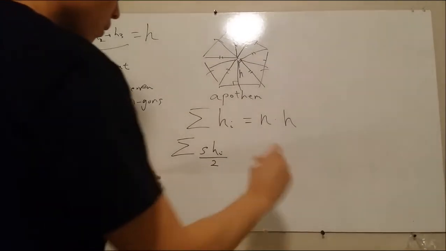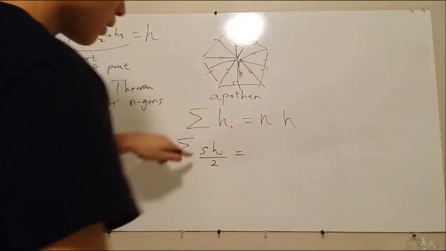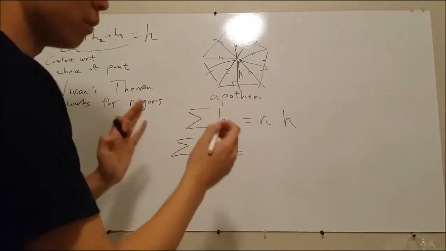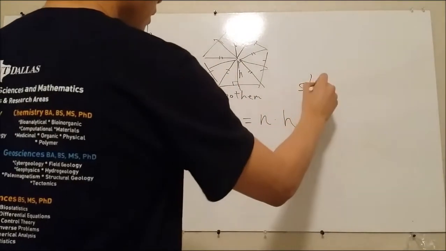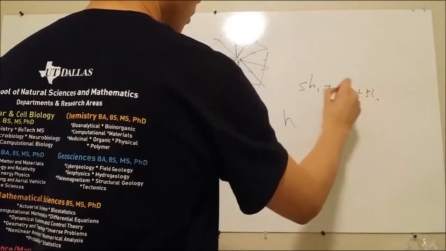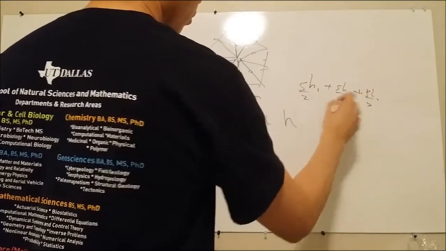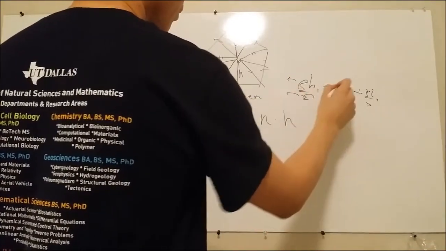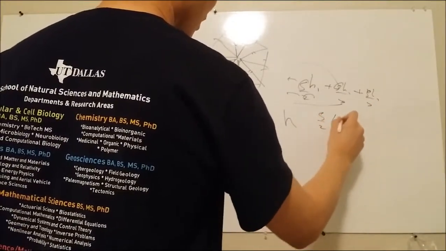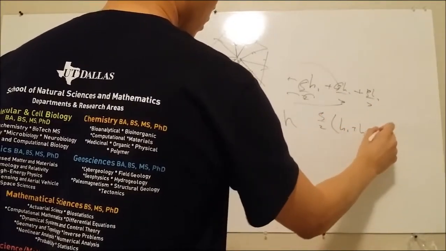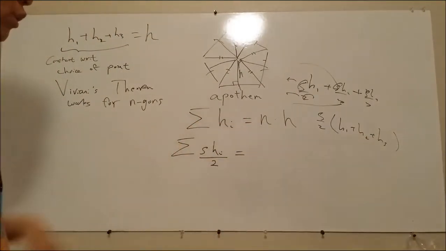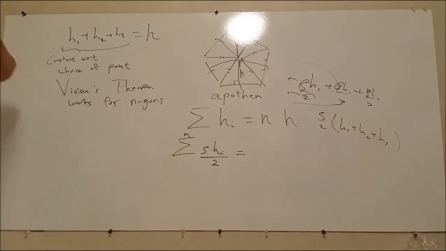But what can we do about this? Since s is a constant, 2 is a constant, we can distribute it out of the sum like we did before. Remember when we did s h1 plus s h2 plus s h3 over 2, we simply pulled out the s, pulled out the 2, and we had an expression like this. We're essentially doing the same thing here, except with an arbitrary number of vertices.